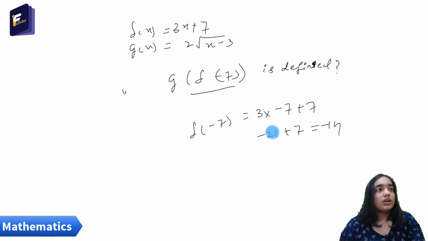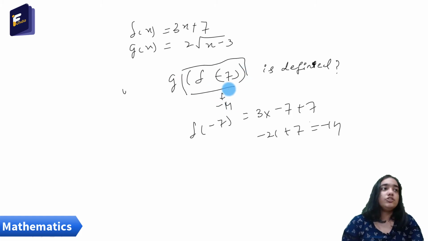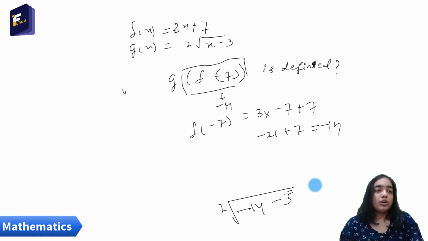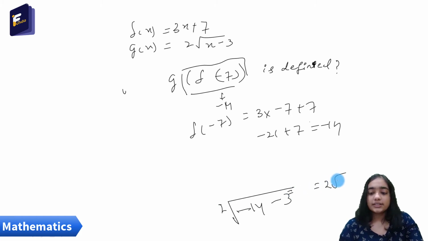So now we are getting this whole thing as minus 14. Now we will put minus 14 in g and see if it is defined or not. If I put minus 14 in g, then it will be minus 14 minus 3 square root into 2, which is equal to 2 root minus 70.